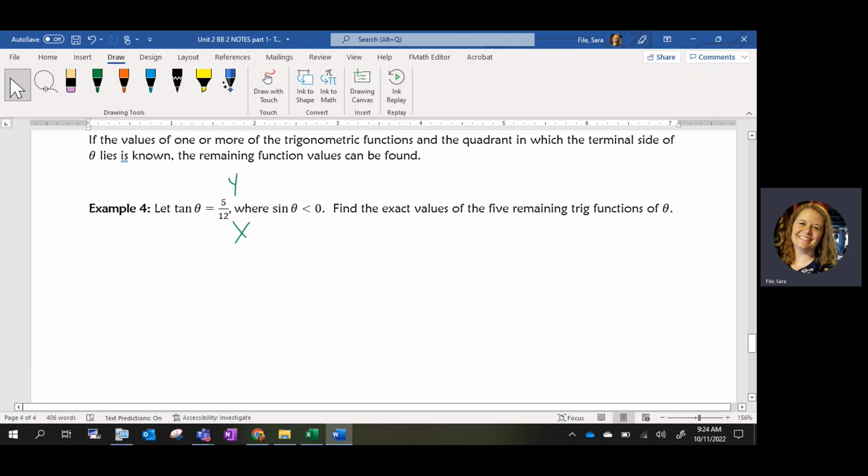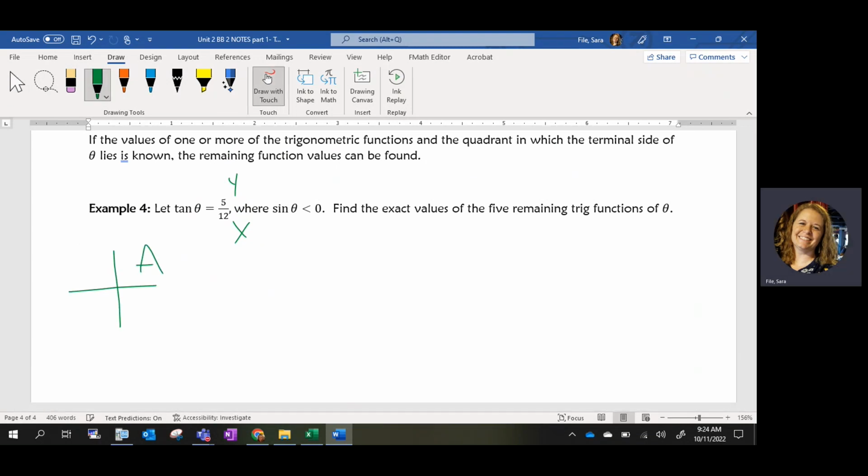So we're not just with that information. If you think about this, if you do the all students take calculus and you say, okay, tangent's positive, it's got to be here or here for tangent to be positive. You've narrowed it down to 2 quadrants. That's why they give you the second piece of information that says sine of theta is less than 0. Sine is negative.